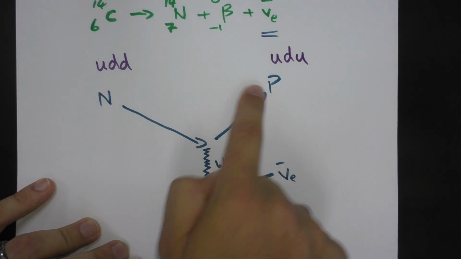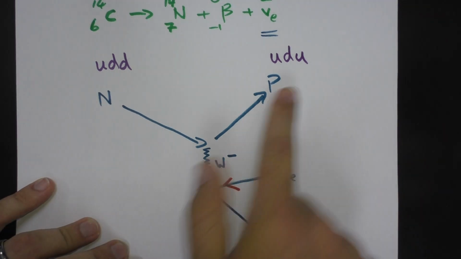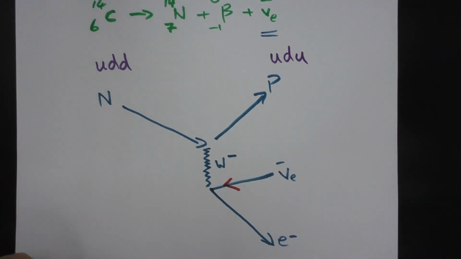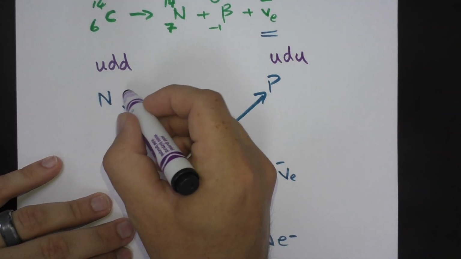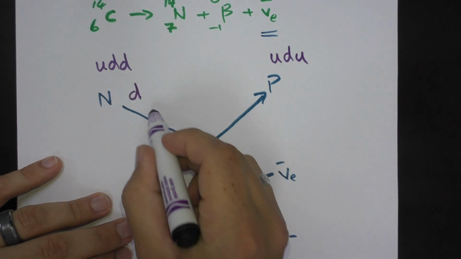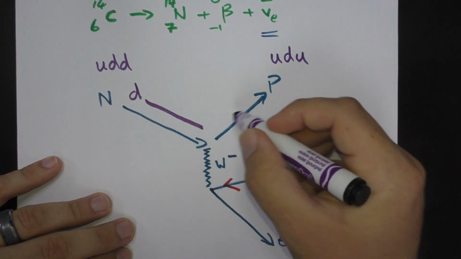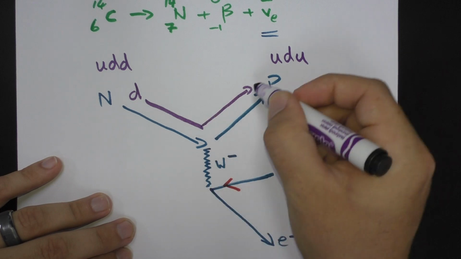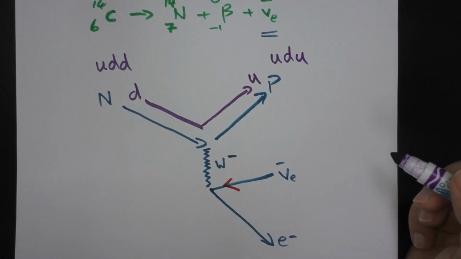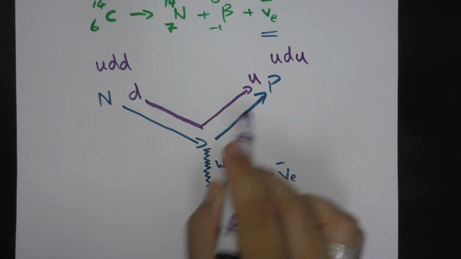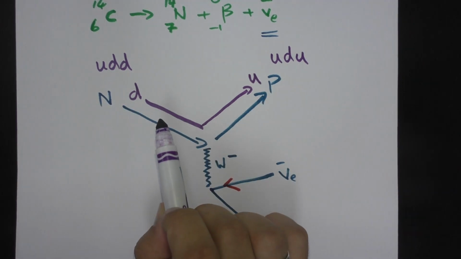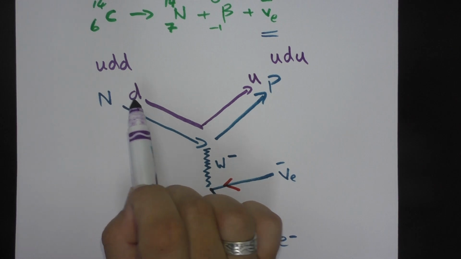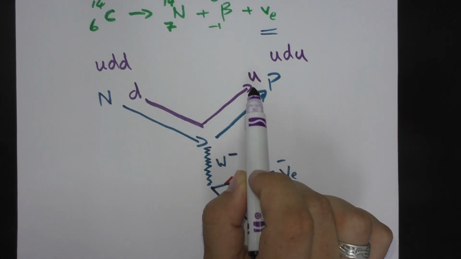So when we look at what's going on here, instead of writing neutron to proton, oftentimes we write it in terms of the quark change that's going on. So we're going from a down quark to an up quark. So this whole interaction here, neutron to proton, is now better defined as a down quark going to an up quark.